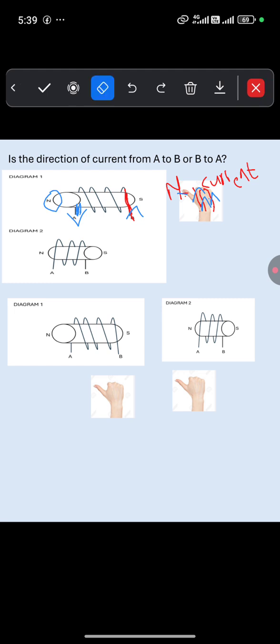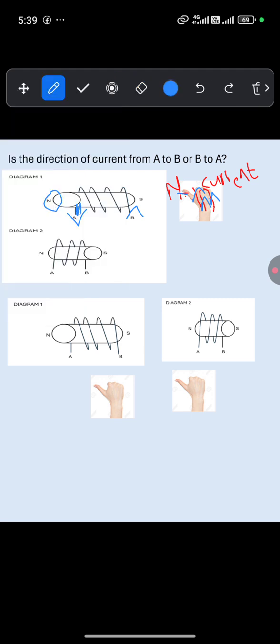So therefore the direction of current in this case is from B, because we are moving like this, going up, and then at the back we are going down. So the direction of current is from B up to A.